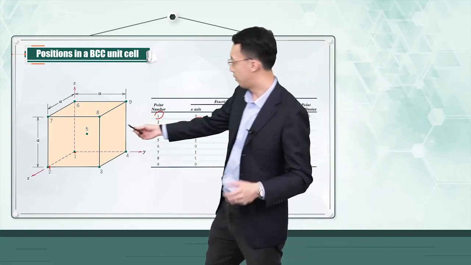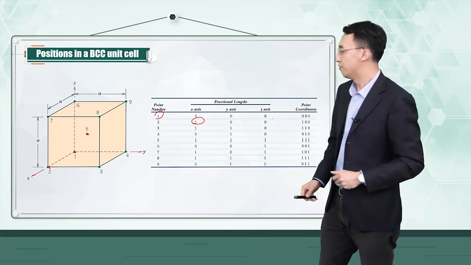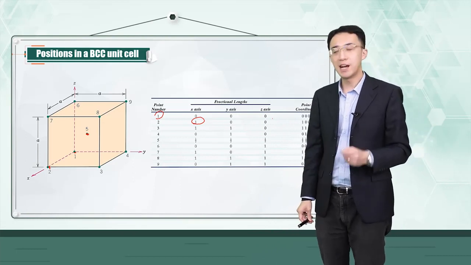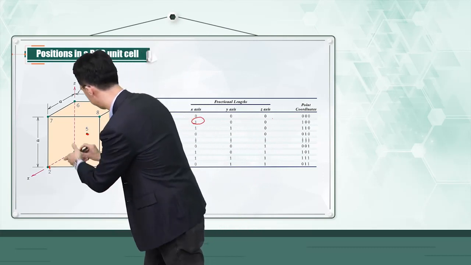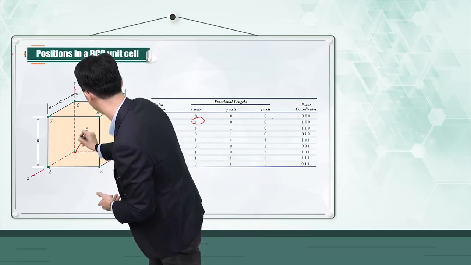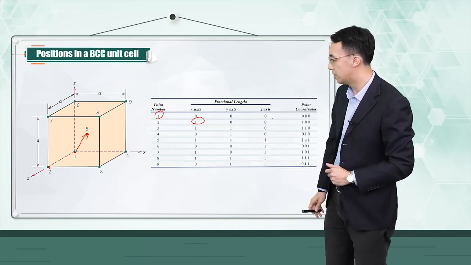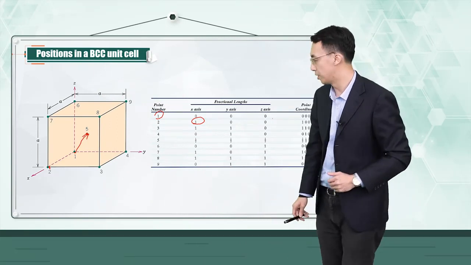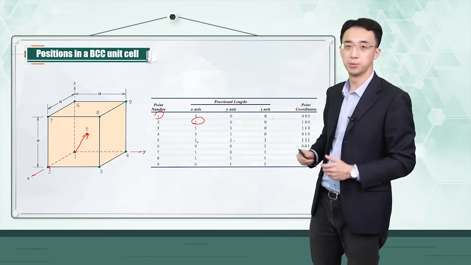And if you want to know the coordinate of your position 5, you can write down the vector from your origin, number 1, to your number 5 position as this one, and you can easily tell that the indices corresponding to this position are 1/2, 1/2, 1/2.